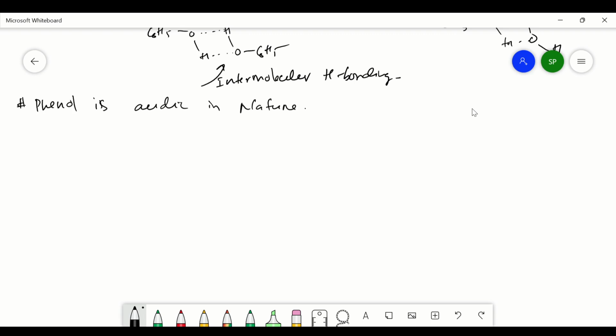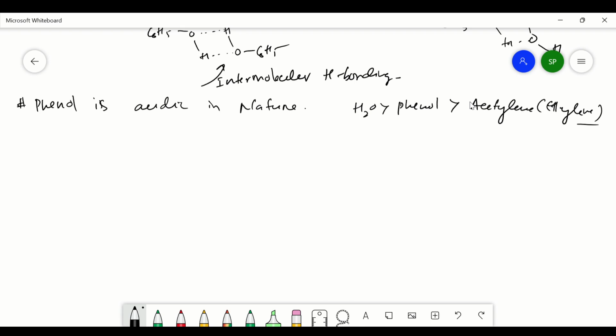So if you see the acidic strength also, it is less acidic than water but more acidic than acetylene, or you can say ethyne. More acidic than ethyne but less acidic than water.